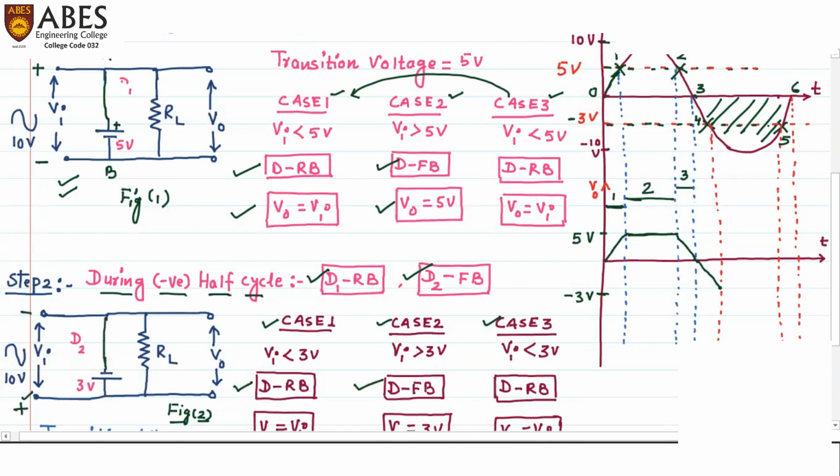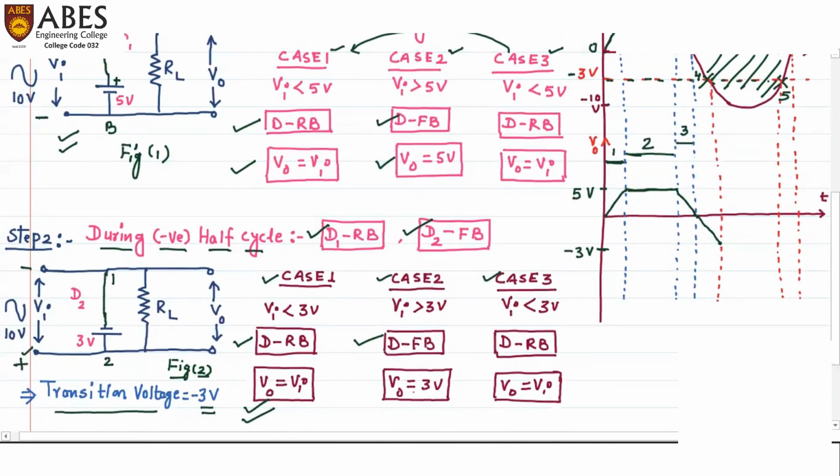Here V naught will be equal to the voltage across this RL, and the same will be equal to the voltage between point 1 and 2, which is equal to minus 3 volts. The same I have written, V naught will be equal to minus 3 volts.